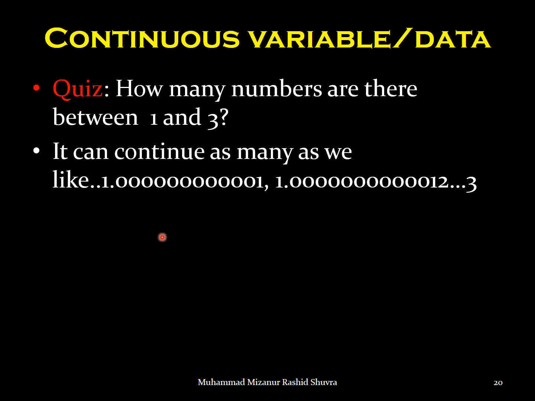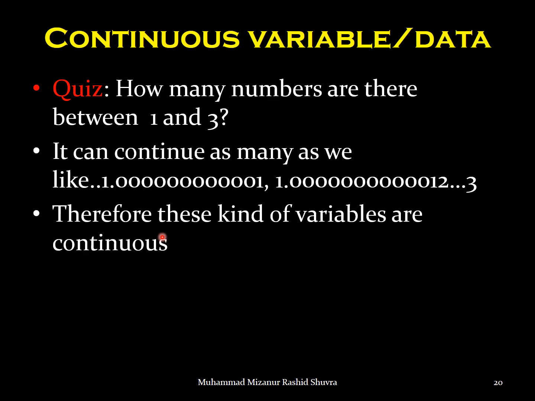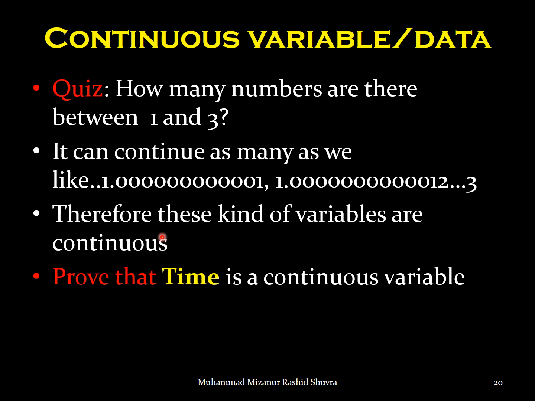Okay, and that's the nature of the quantitative. So therefore this kind of variables are continuous. It can keep on going between one point to another, and time, as I said, is a continuous variable. But can you prove it? Well, I've already told you, you can't prove it. Time is a continuous variable, because you have 1 second, 1.1 second, 1.12 second, 1.13 second, 1.14 second. You're measuring that, and it's interesting. If you see a stopwatch, it really moves on that way, right?